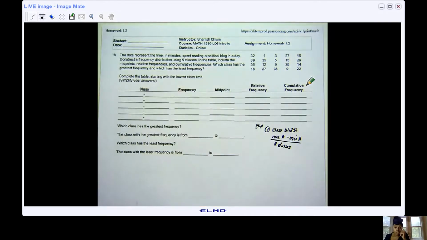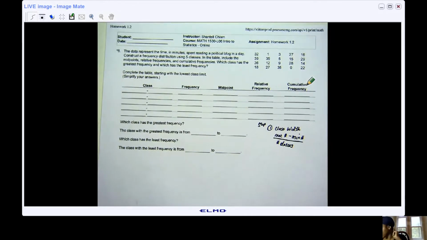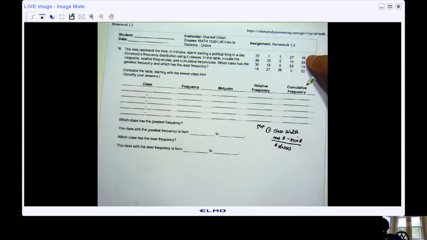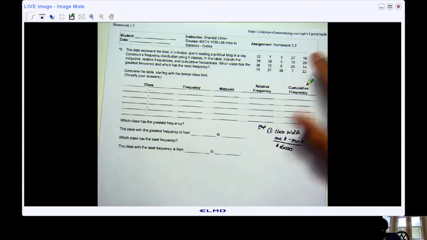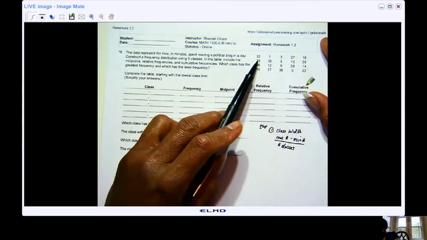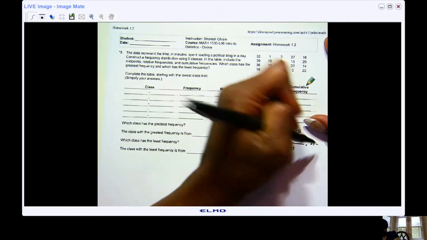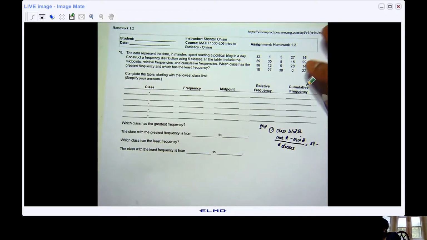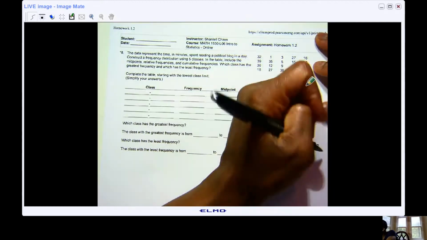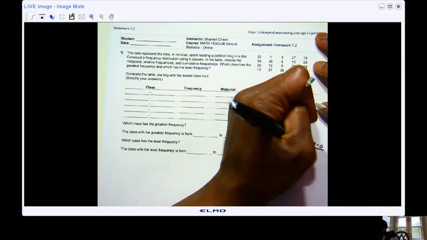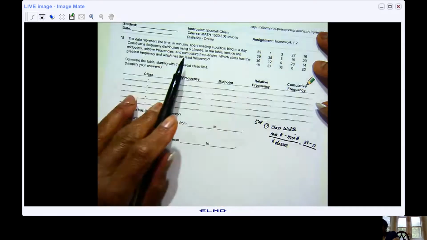So what is our max entry? Here's our data set. Looking at the data set, the maximum value looks to be 39. The minimum data value appears to be 0. And then we're told to use 5 classes.